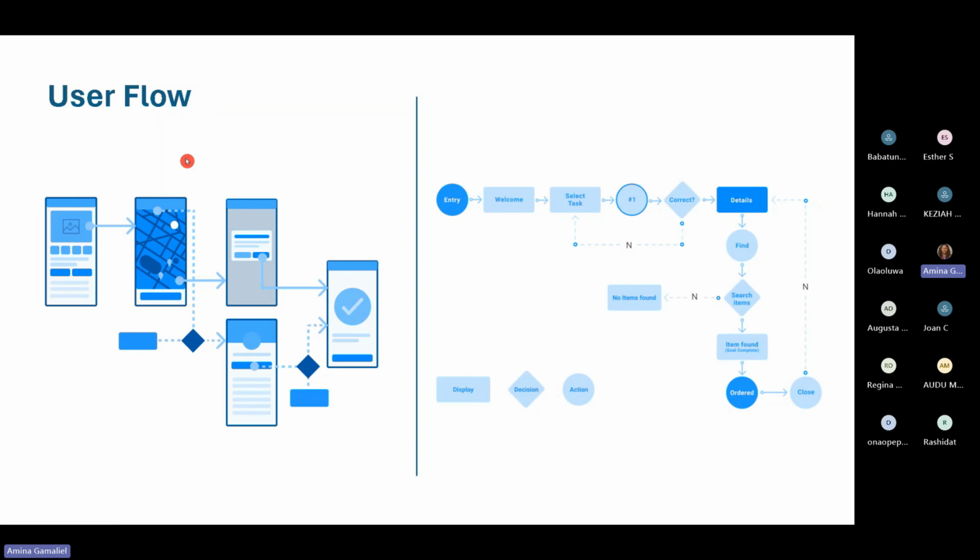To my left is when you want to use the frames that you have created to display your flows. And then to my right, even though it's a flow, it is usually the kind of flow that comes before your design, before your wireframing.